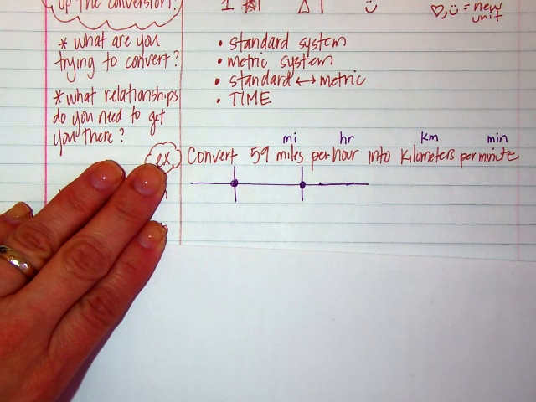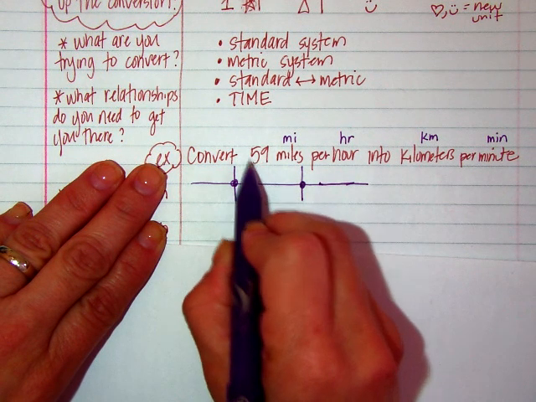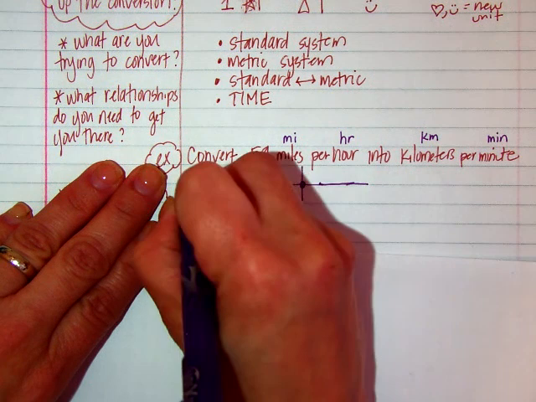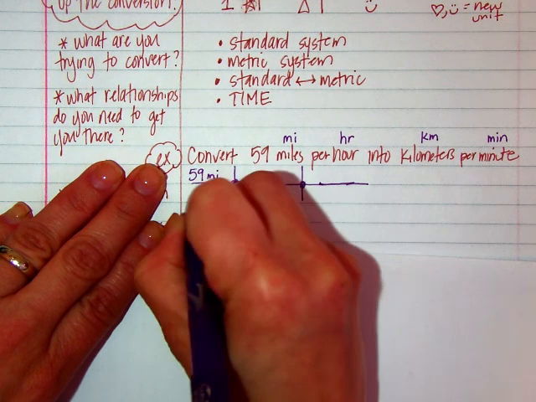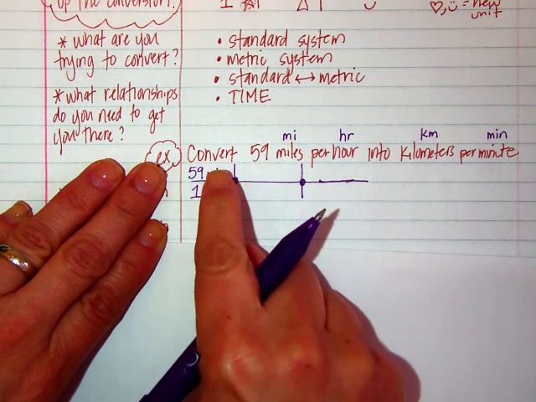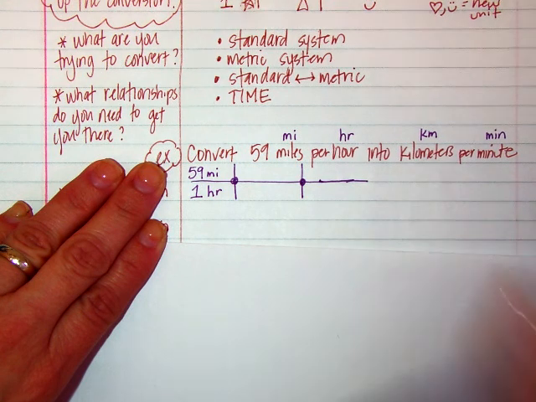So let's write down what we're starting off with. We're starting off with 59 miles per 1 hour. So on the top, I'm going to write 59 miles per 1 hour. Now we want to convert these into something new, which would be the kilometers per minute.